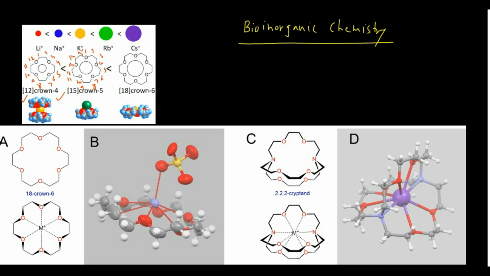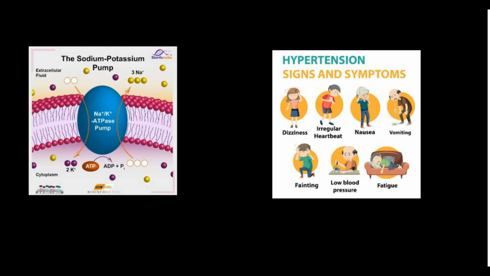So what is bioinorganic chemistry? For bioinorganic chemistry, you know the sodium and potassium ions are very, very important for us. Not only sodium and potassium, but along with these alkali metals, alkaline earth metals like magnesium and calcium are equally important for us. But in general, you should know that the sodium ion is in the extracellular fluid.